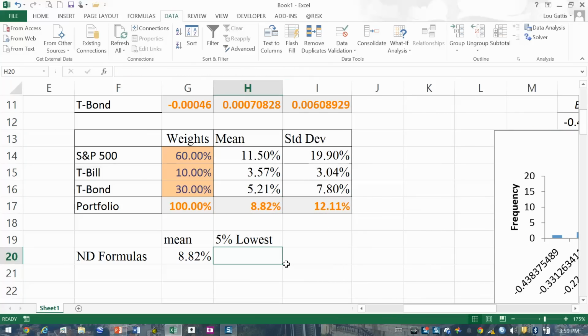Well, that would mean the mean minus NORM.S.INV of 95% times the vol. So the mean minus NORM.S.INV of 0.95 times the vol gives me a value of minus 11%.